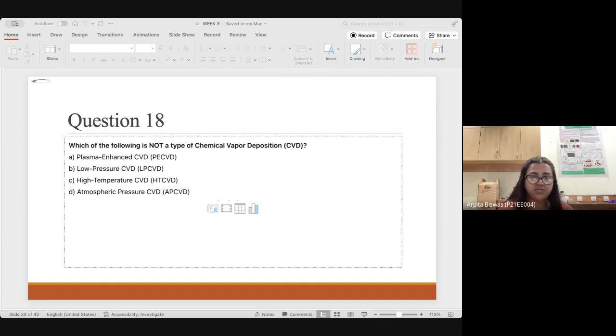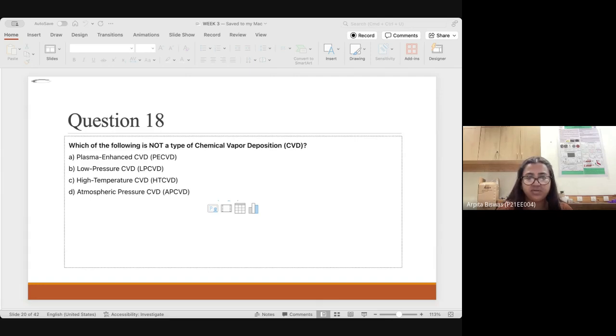So which one is the right option? I have discussed plasma enhanced, where we require low temperature, then low pressure is required, also high temperature is required. Then high temperature CVD and atmospheric. I think I have already told that atmospheric pressure CVD is also present. So option C is the right option, high temperature CVD.